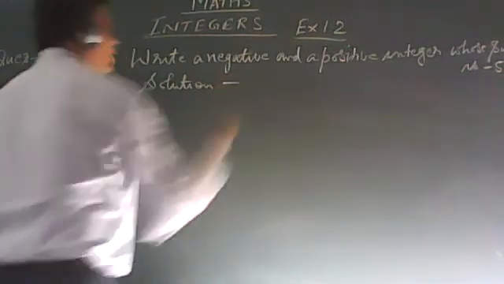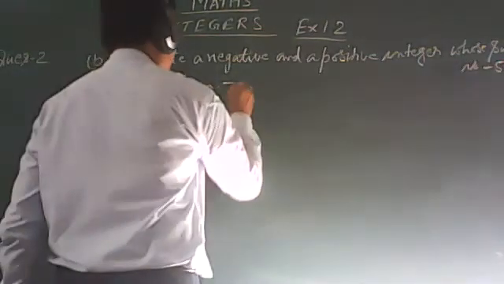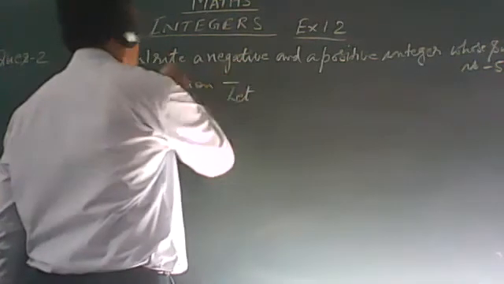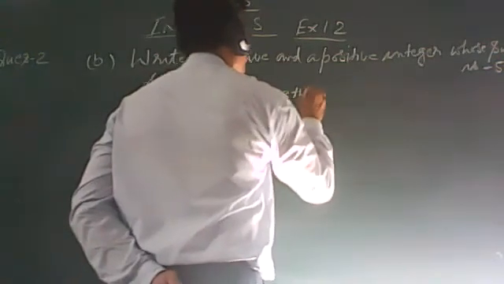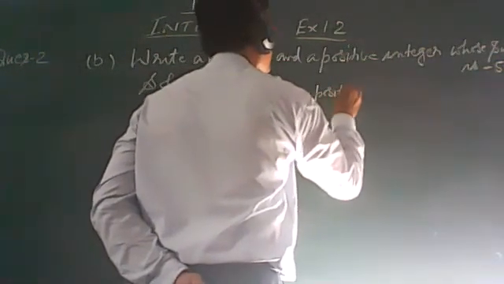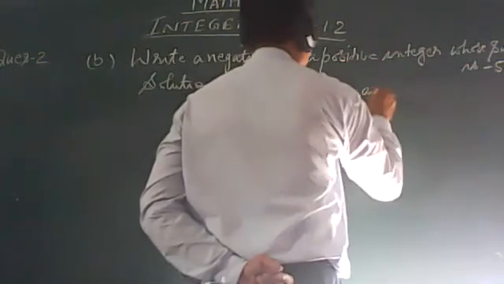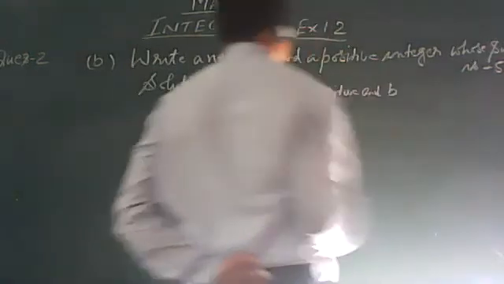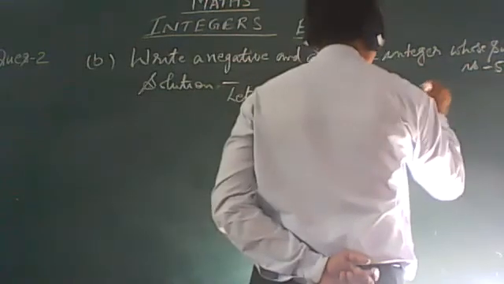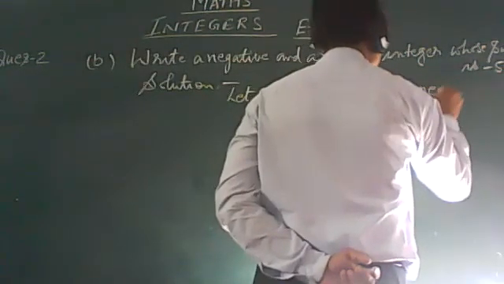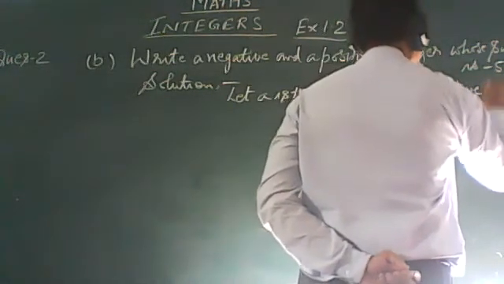So now our solution. First we assume two integers. Let a be the positive integer and b be the negative integer.